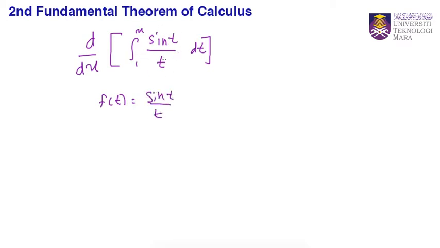This is our f(t). So when you differentiate this integration, we will get f(x). So what is our f(x)? It's actually sine x over x. We just substitute t here with x. So that means the derivative of this integration will be sine x over x.